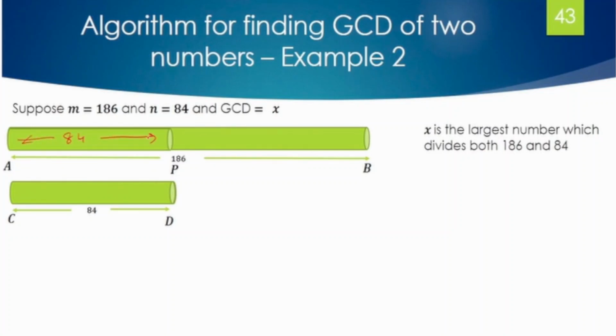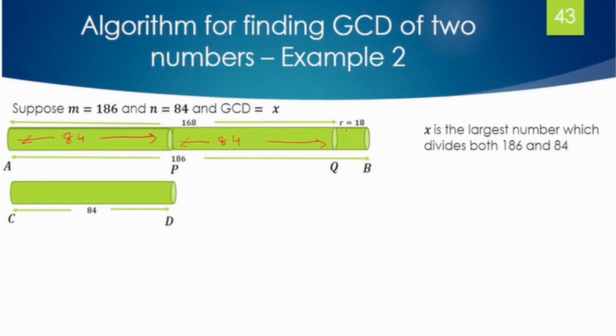We still have remaining length, so we can cover with one more shorter rod. This is the second one, PQ. Again this is 84. So now we have covered a total of 84 plus 84, 168 units.